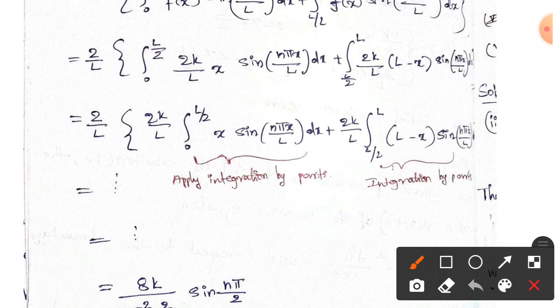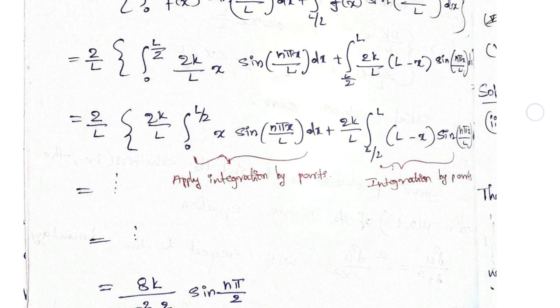What we have to apply is integration by parts, because there are two terms which are dependent on x, isn't it? There are x and sin n pi x by L, both dependent on x. Similarly L minus x is dependent on x, and also sin n pi x by L is dependent on x.